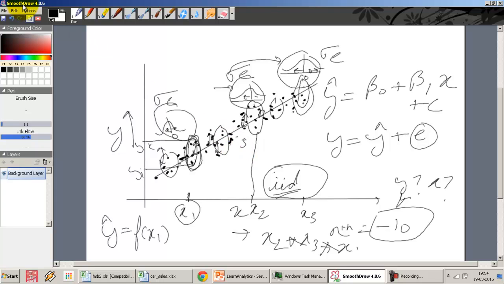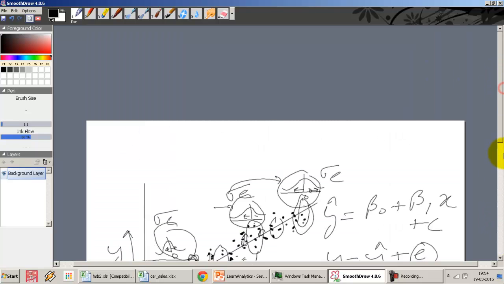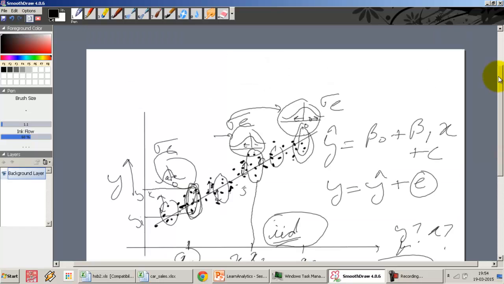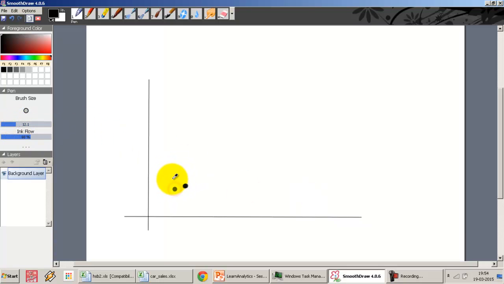So I'll give you an example where this assumption gets violated. Let's have a look at this diagram over here. I'm going to create a scatter diagram as well. That's too big, let's make it smaller.